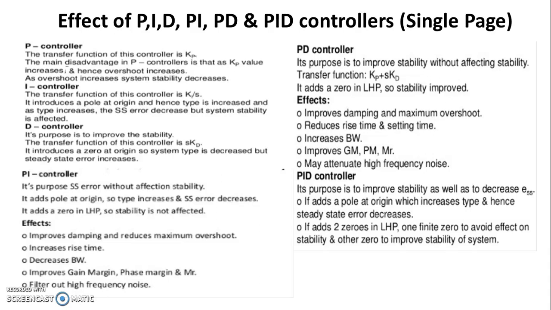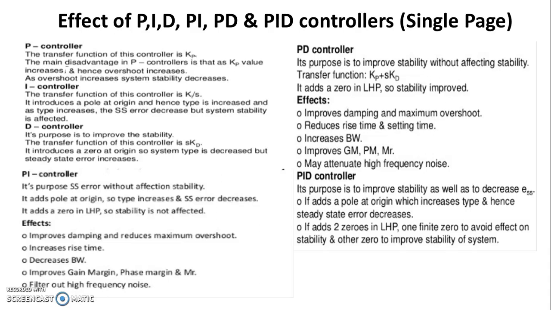It introduces a zero at the origin because it is a numerator term. That's the reason a zero is introduced in the system, and the type is decreased, but the steady state error increases by using this because it is a rate of change. Individually we won't use it because we won't get a constant output. It is always the rate of change of the values.